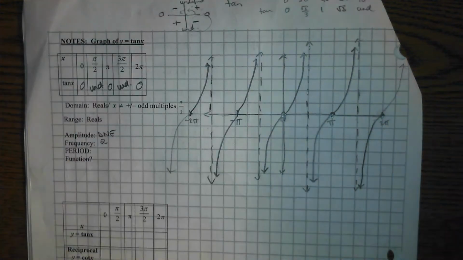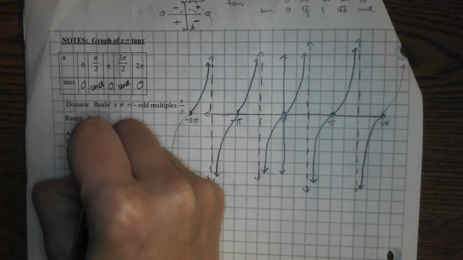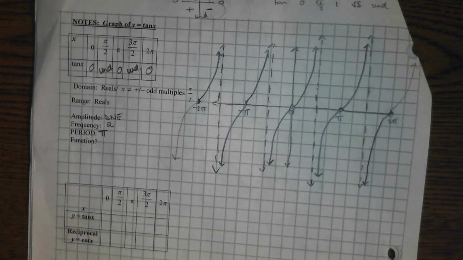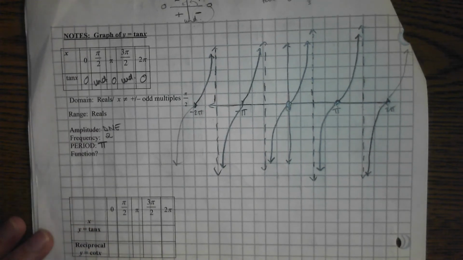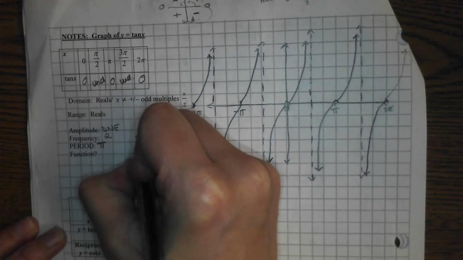What is the length of one of these cycles? Just pi, which is also different, because sines and cosines have periods of 2 pi. Tangents have periods of pi. So for sines and cosines, we use the formula period equals 2 pi over b.